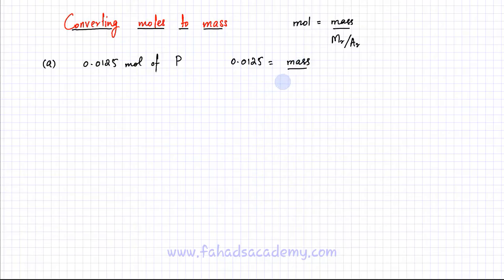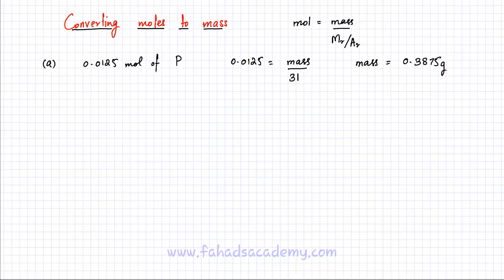The AR of phosphorus in the periodic table comes out to be 31. When we do the calculations, the mass would be 0.0125 moles multiplied by 31, and you're going to use your calculator now, so it's going to come out to be 0.3875 grams. Remember, this formula always gives answers in grams.